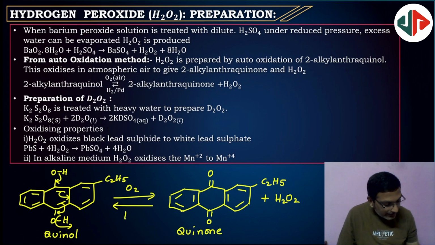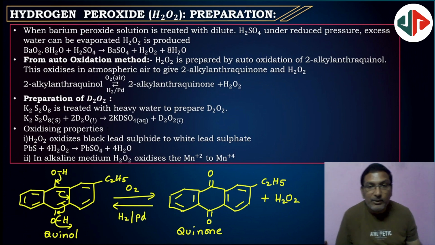On reduction with H2 and Pd it gives quinol back. It is an equilibrium or reversible process. Quinol on oxidation gives quinone, and quinone on reduction gives quinol. It is auto oxidation or aerial oxidation, here by the O2 of air.